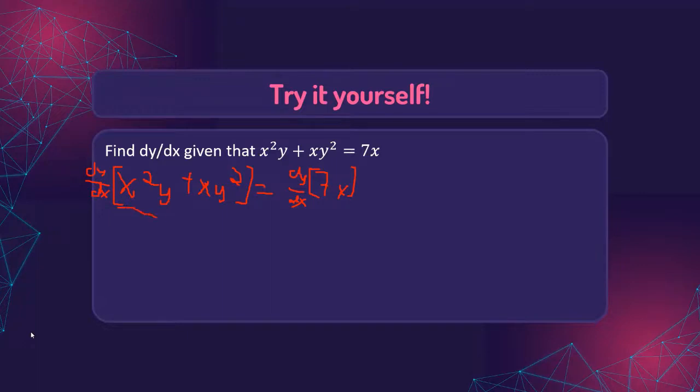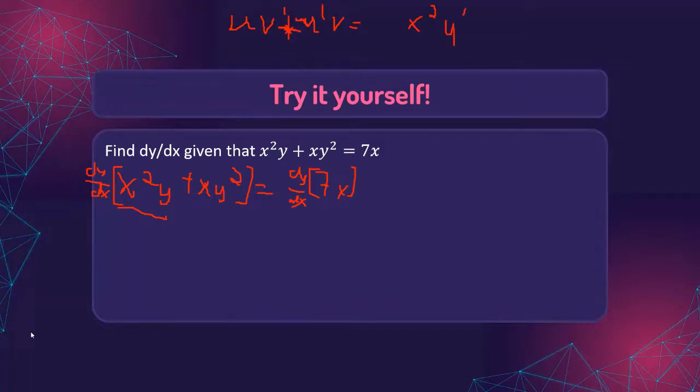The derivative of x squared y using the product rule is, let us have the product rule: u v prime plus u prime v. So our u here is x squared and our v here is y, so the derivative of y is y prime.